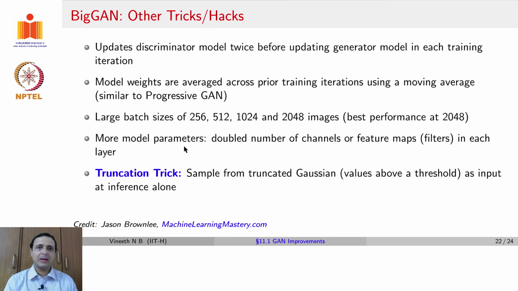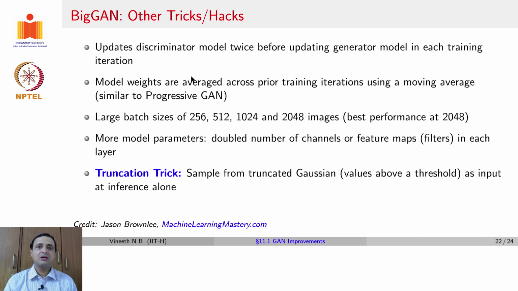Other hacks that were employed in BigGAN were that the discriminator model was updated twice before updating the generator model in each iteration. The model weights were finally averaged across a few training iterations using a moving average approach. This was also done in progressive GAN.